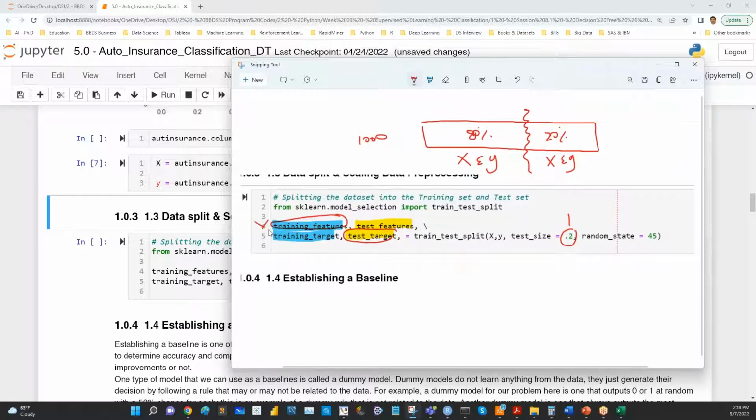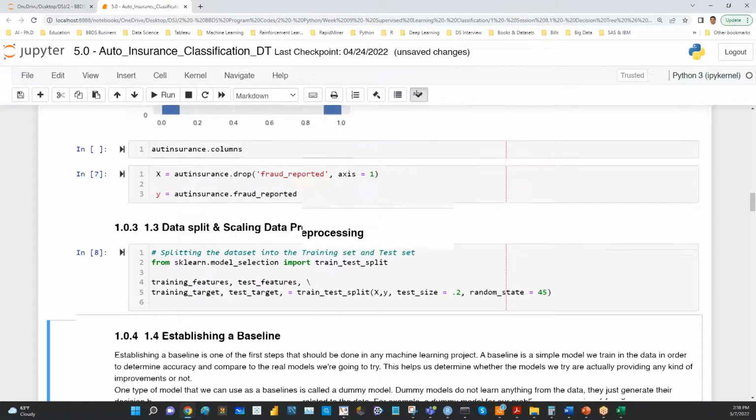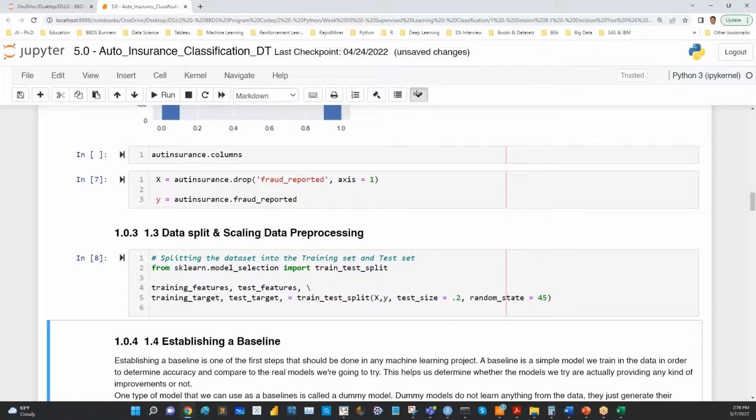So this is X and Y, this is X and Y. Any concerns about this at this point of time? I'm good now. Okay. No. So we identified X and Y, we split.